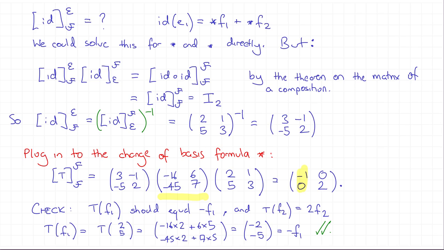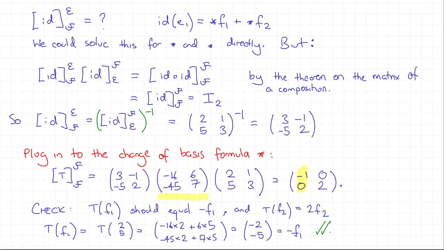You wouldn't really have a good understanding of the linear transformation T just by looking at those 4 numbers. On the other hand, the matrix of T with respect to initial and final basis F, which we computed to be this diagonal matrix minus 1, 0, 0, 2, is much more revealing because it tells you in an intuitive way what T is doing.